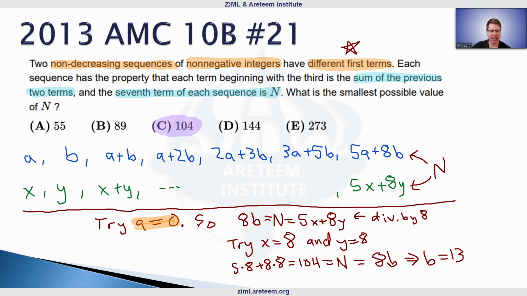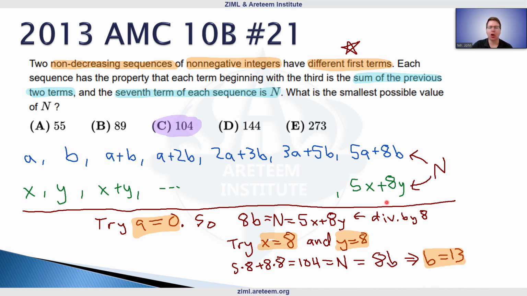Now, I want to do some quick highlighting of all of the terms to summarize. We have a is 0. We have b is 13 in this case. And then we have x is 8 and y is 8 there as well. Now, if you wanted to do a little bit more of a formal proof here, just verbally, how would you go about doing that?